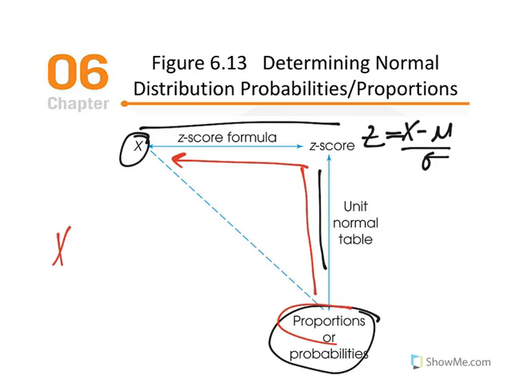So again, in that process, we're solving for x = mu plus the product of the standard deviation multiplied by the z-score. And this will relate to the examples that pertain to a percentile rank.